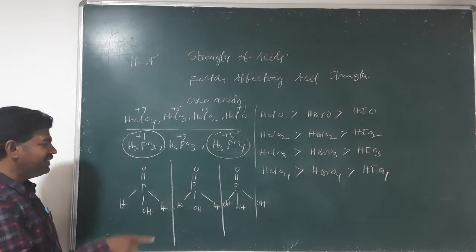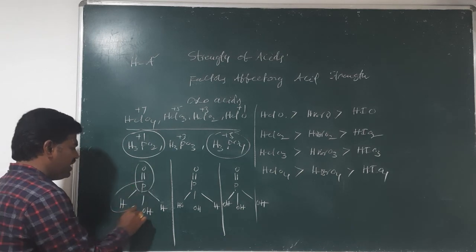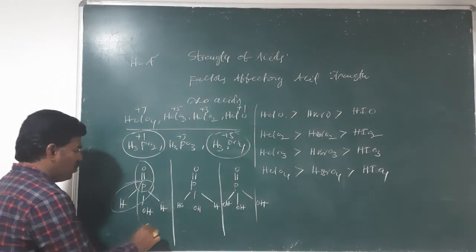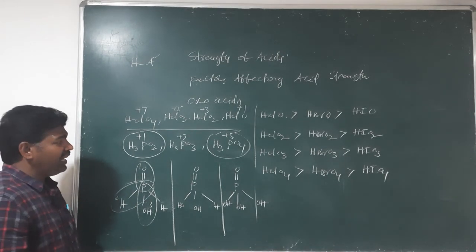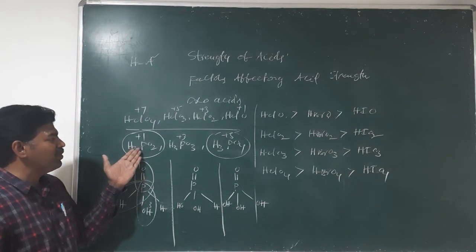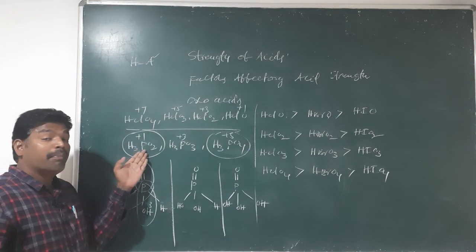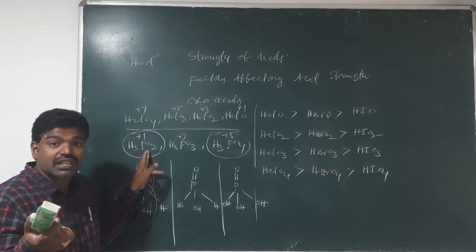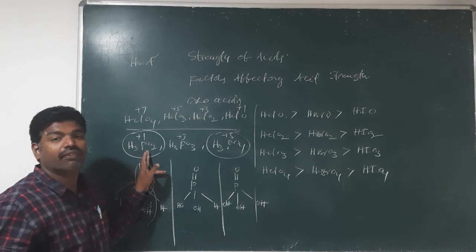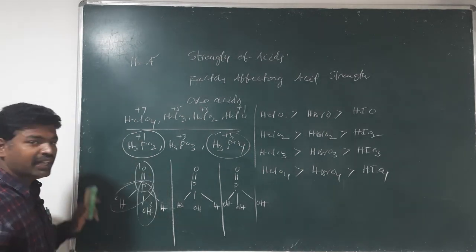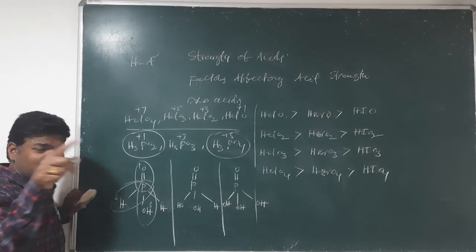We can find three groups, that is the PO group, PH group and POH group. Let us see why H3PO2, in which the oxidation state of the central atom is plus 1, is the strongest acid even though the oxidation state is only plus 1. We can get the reason from the structures.